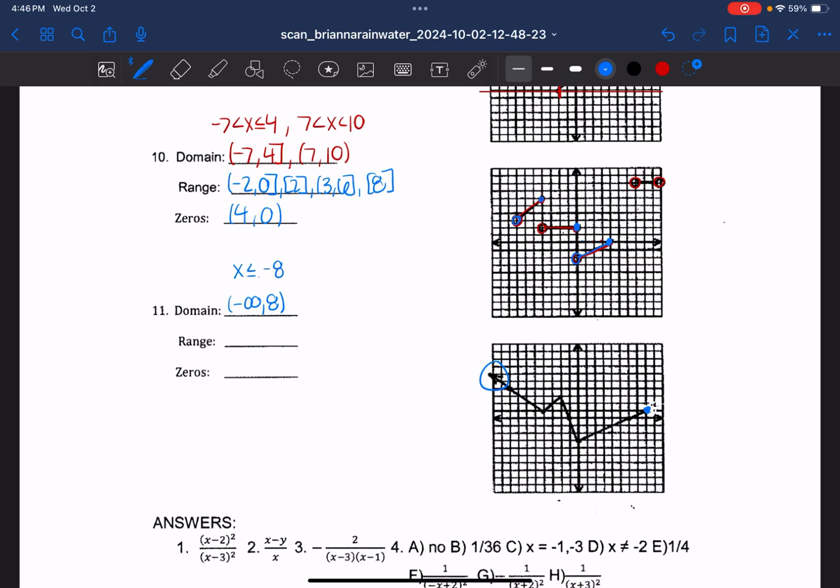For my range, the lowest y value is here at negative 3, and then this arrow tells us that it extends upward, so it would be from negative 3 to infinity, or y is greater than or equal to negative 3. Looks like we've got two x-intercepts here. I've got one at negative 1 and another one at 6.